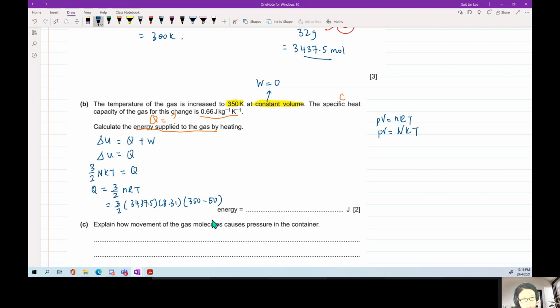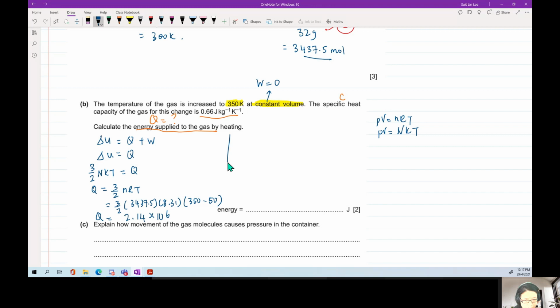Increase to this much at constant volume. Okay, so if you do this, you'll get 2.14 times 10 to the power of 6.